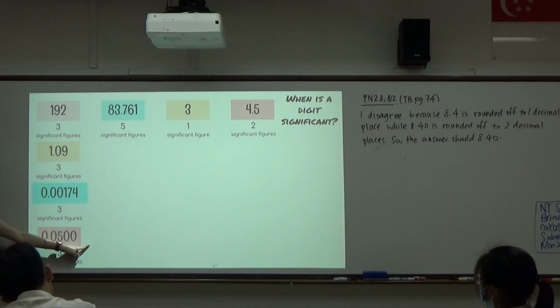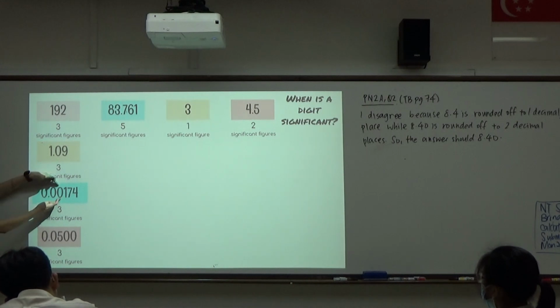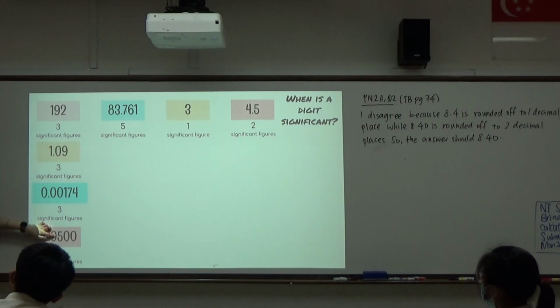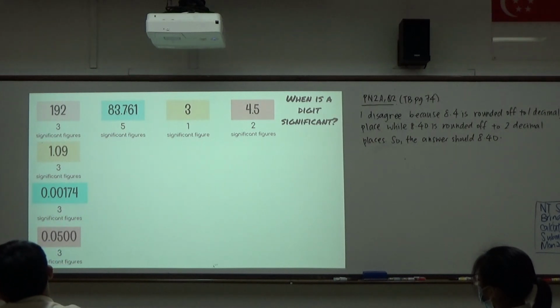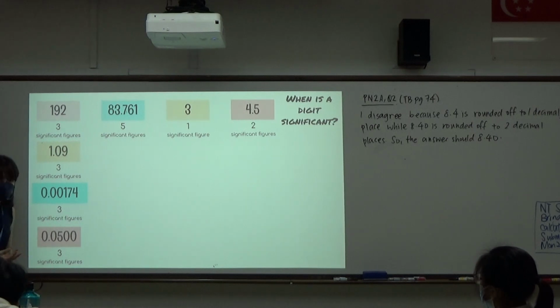So which one do I count? Based on this concept, the zeros at the starting, we never count. I only start counting from the first non-zero digit, that is the 5 over here. After the 5, it is actually a 0. Because I intentionally wrote it there, it must be important.